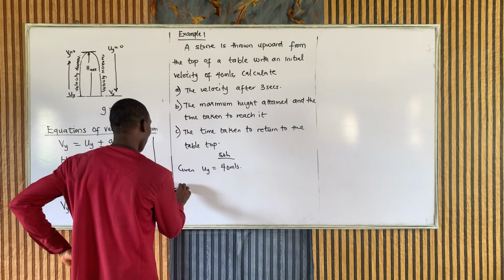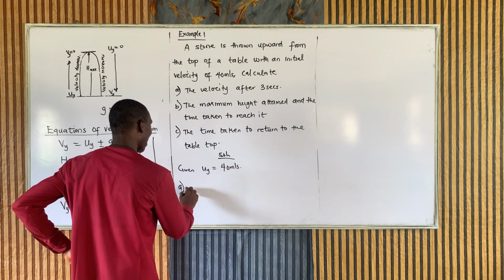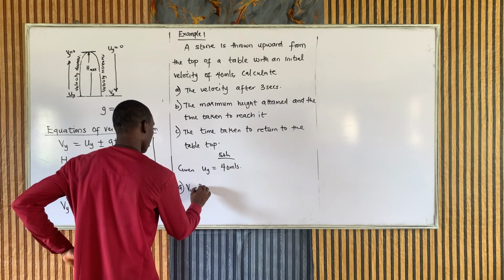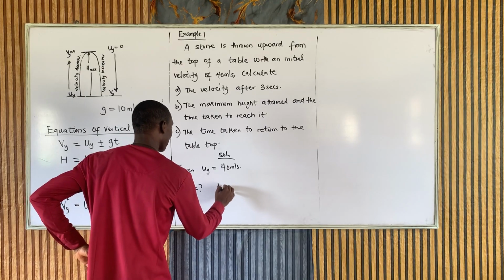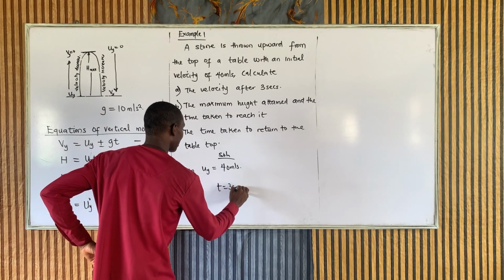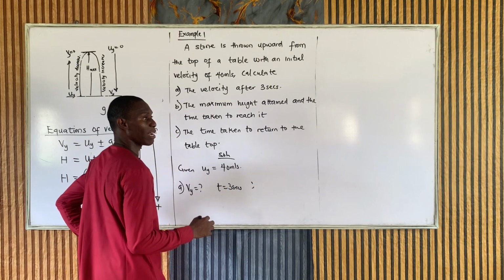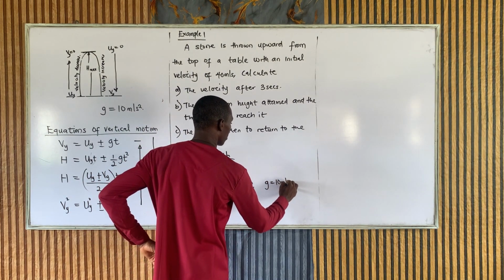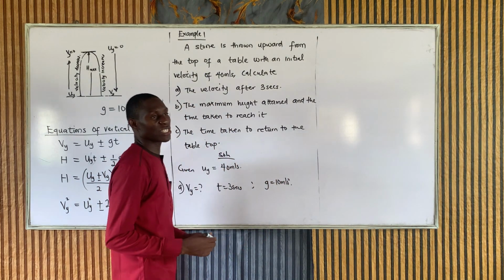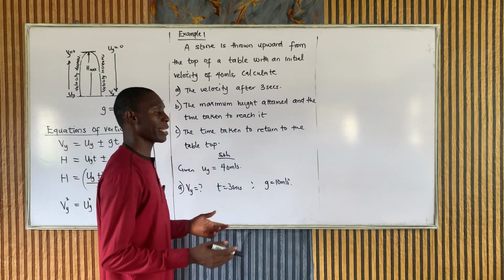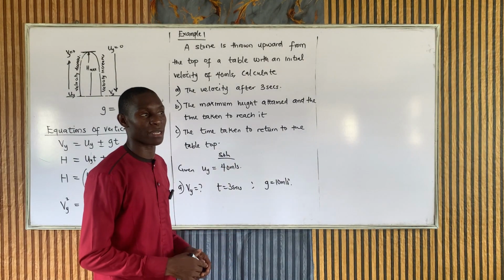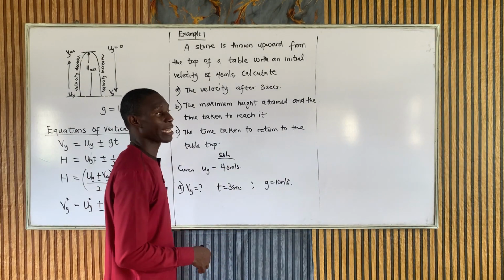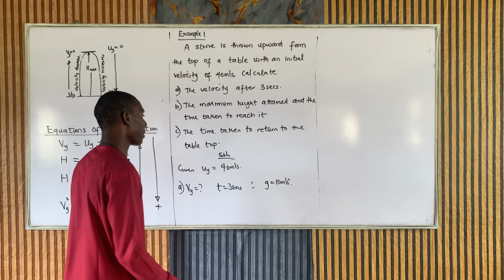So for the A part of this question, I'm asked to find the velocity at time 3 seconds. Understand, like I said, you don't need to be given the value of your g. We assume g to be 10 in this case now. The value of g is not an issue. Some say 9.82 and some, I love using a rounded figure. Well, 10. So that's that about that now.